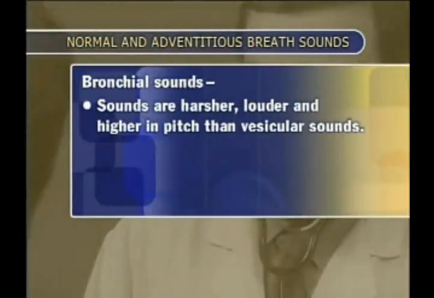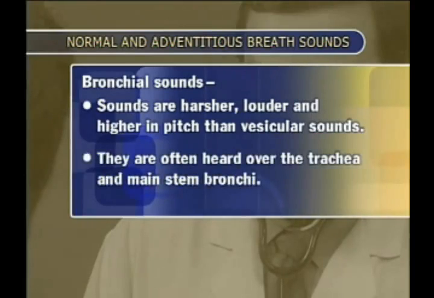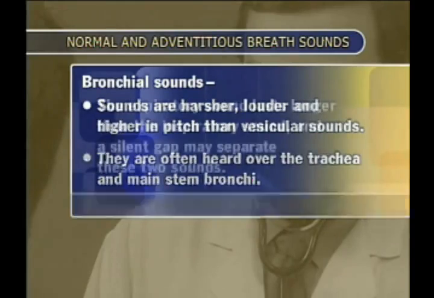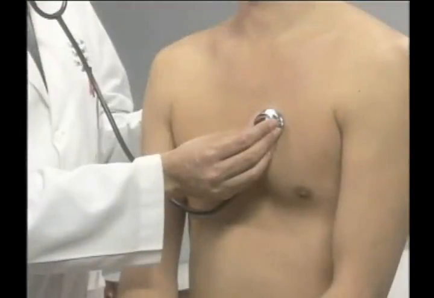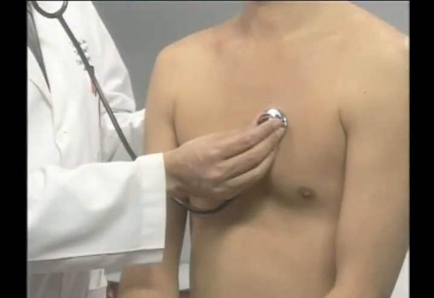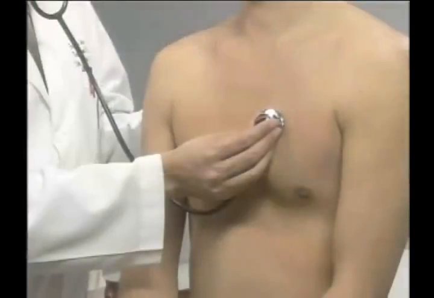Bronchial breath sounds are harsher, louder, and higher in pitch than vesicular sounds. They are often heard over the trachea and main stem bronchi. The expiratory sound lasts longer than the inspiratory sound, and a silent gap may separate these two sounds. Bronchovesicular sounds have an intermediate pitch and intensity.